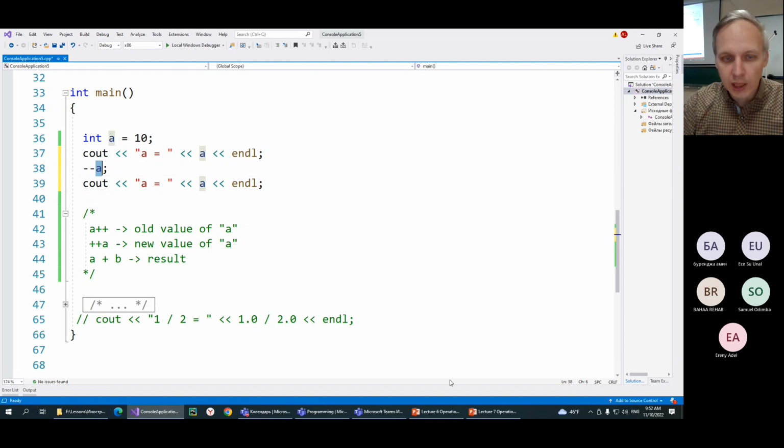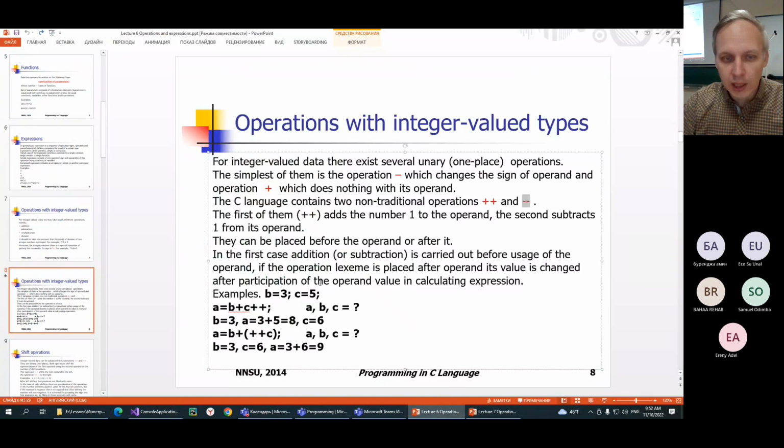But if you write plus plus or minus minus inside a complex operation, the result can be maybe not so simple as at first view. Okay, you can look at these examples here in my presentation.